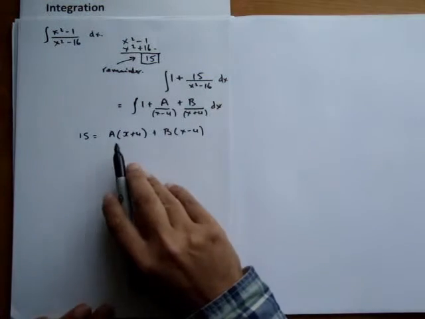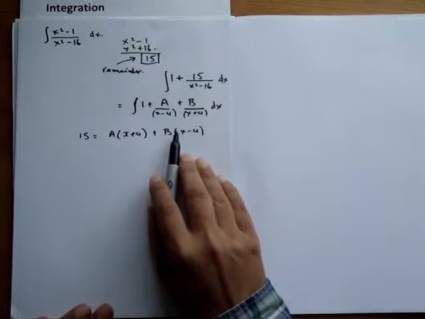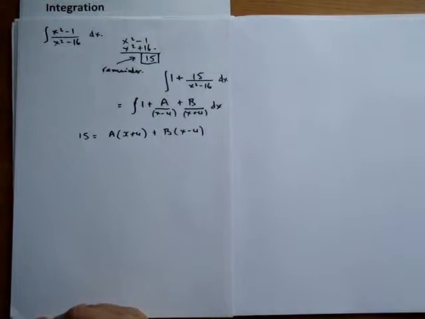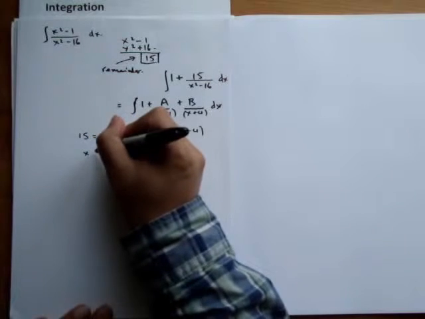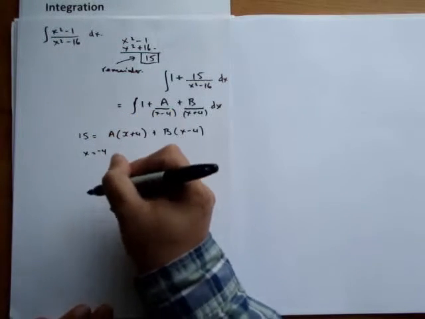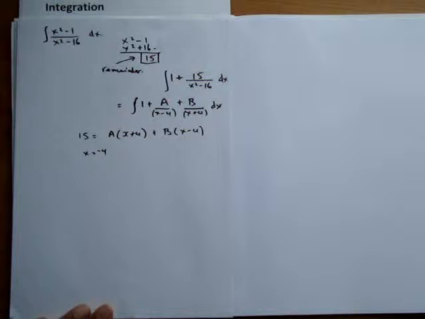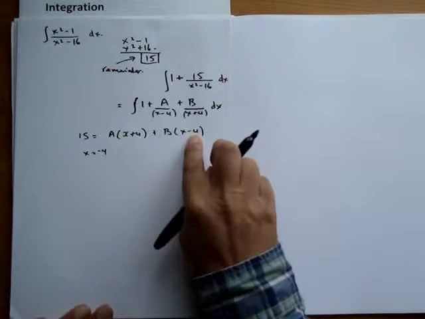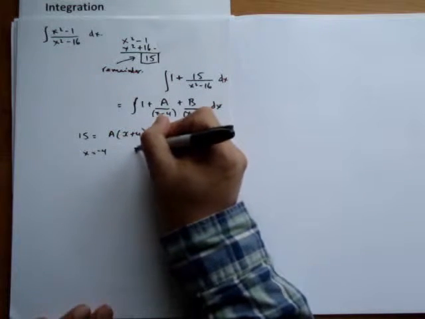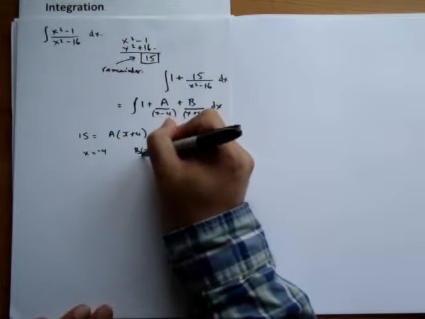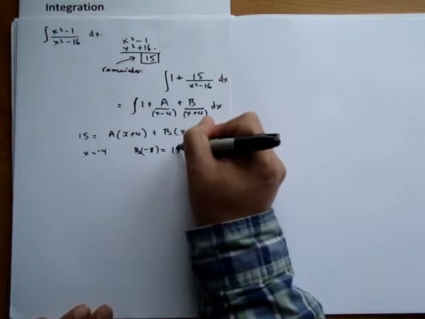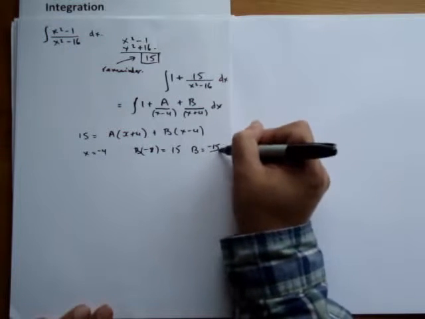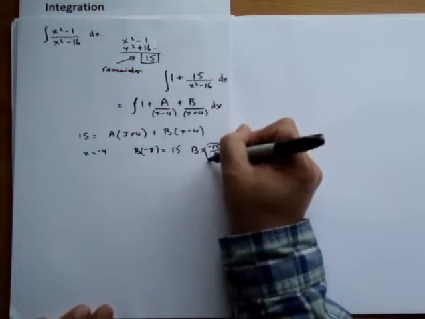When we do that, we choose numbers which make one of these equal to 0. So we have x equals minus 4 in the first instance. So minus 4 plus 4 is 0, so that will get rid of this expression, which is left with b. So b times minus 8 equals 15. So b then equals minus 15 over 8.